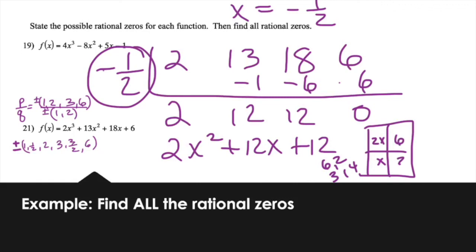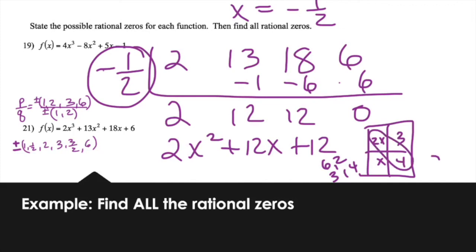Let's try 6 and 2. This gives us 4x and 6x. That's 10. That's not what we want. Let's switch the 6 and 2. We get 12x and 2x. That's 14. That isn't going to give us the 12 either. We've tried the 6 and 2. Let's try the 3 and 4.